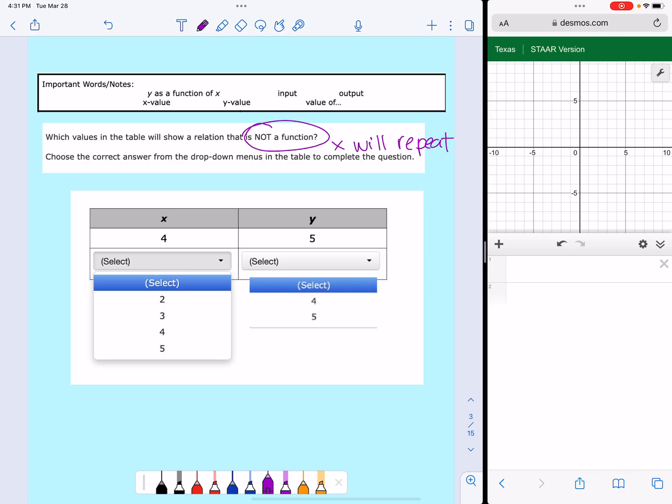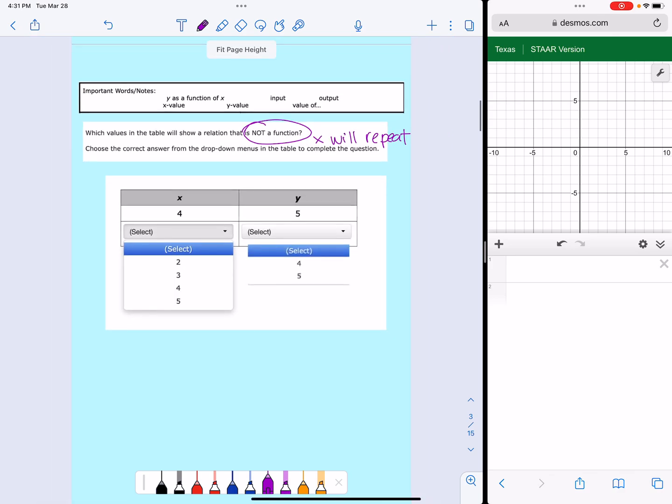So we want the x to repeat. For the x to repeat, we are going to choose 4. Then we want the y value to be different, so it's not the same exact point. So we already have 5, so get rid of 5, and we're going to choose 4.